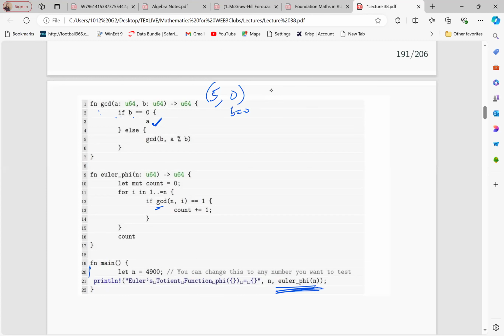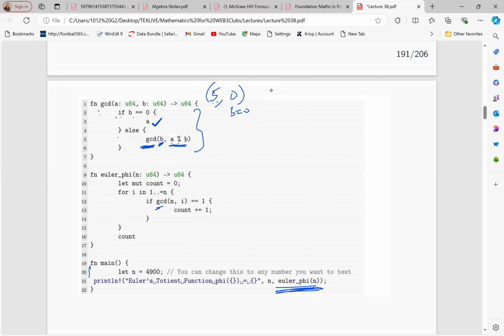Else, in cases where none of the numbers is 0, the GCD function calls itself with B and the remainder of A on division by B. So this is, of course, how we calculate the GCD. It will be doing that to calculate the GCDs.